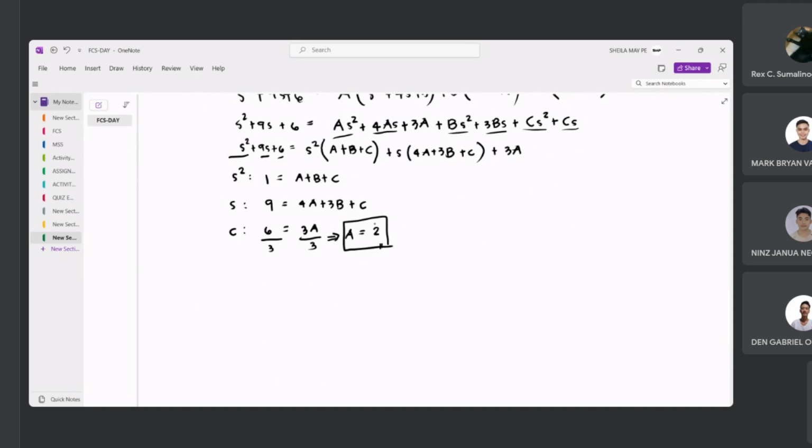For example, I want to manipulate s squared kay usara A, B, C ra siya. So from s squared, that's 1 equals A plus B plus C. Okay, I want to get, for example, C. I want to get C from here. Pwede ra jud B class. Okay, ikaw ra jud magbuot sa imong ganahan kuhaon.